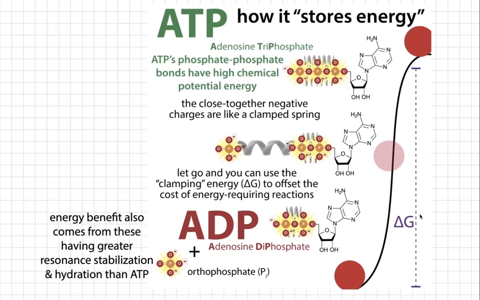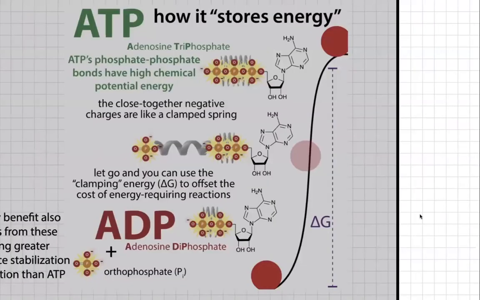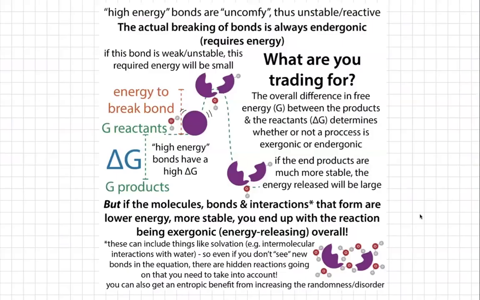But one of them is that anytime you break a bond, you always have to put in energy to break that bond because of that enthalpy. It's always going to be endergonic and require energy in order to break a bond. What you have to think about instead is that we're talking about the difference between the reactants and the products, all the products and all the reactants.